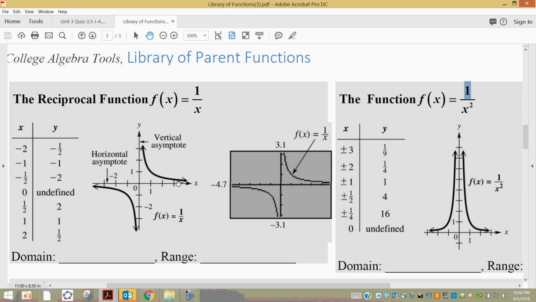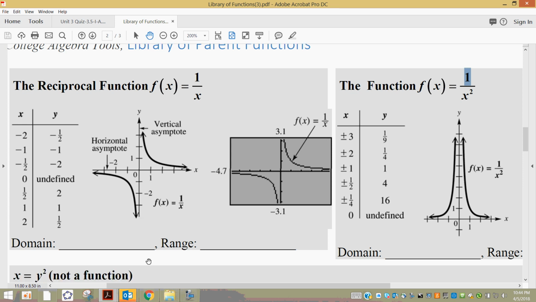So the absolute value of y here, y is approaching positive infinity, so the absolute value of y is approaching positive infinity. Here y is approaching negative infinity, or in other words, the absolute value of y is approaching positive infinity. And as that's happening, x is also approaching the constant x equals 0. So x equals 0 is the vertical asymptote.